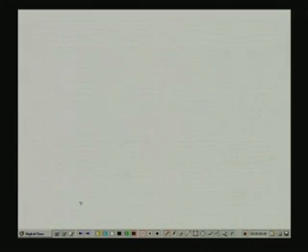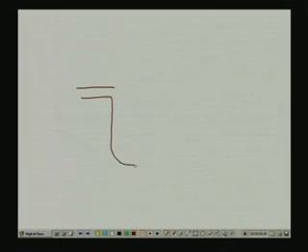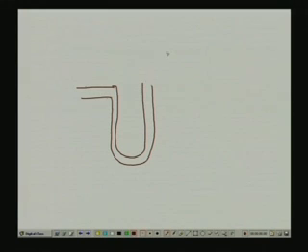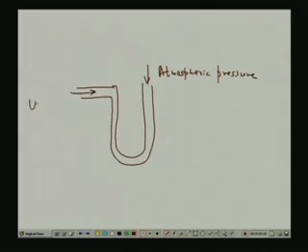You see that we have a U-tube. Now this side relates to the atmospheric pressure, and this is the unknown pressure which is coming in here.